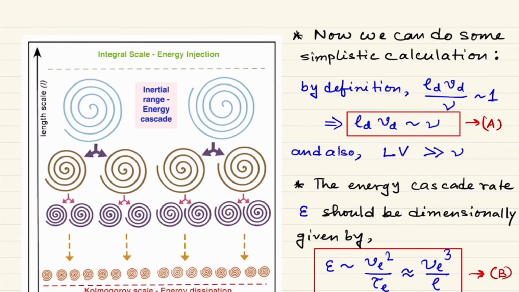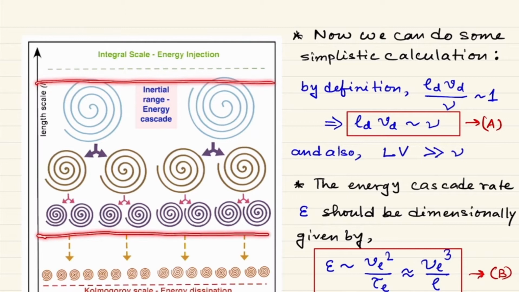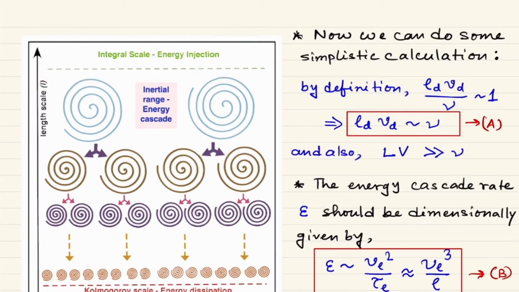When we are talking about the cascading with a scale independent energy flux rate, then we talk about a range of scales which are in between these two scales but also very, very far from both the scales. So in a sense this should be like here.